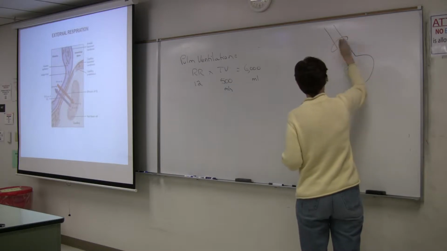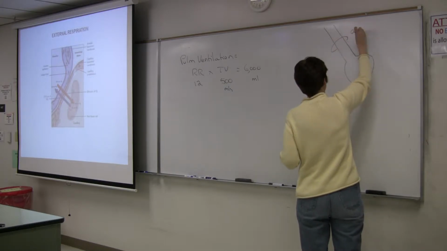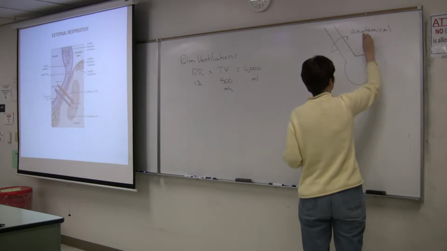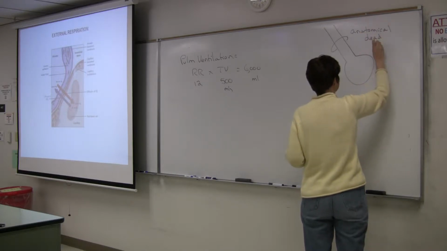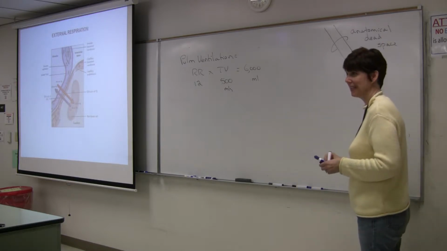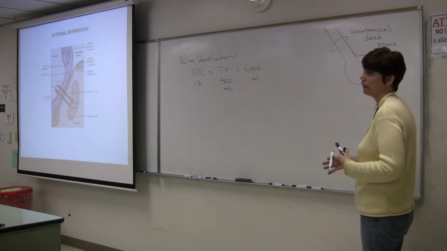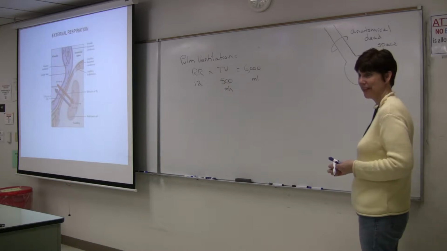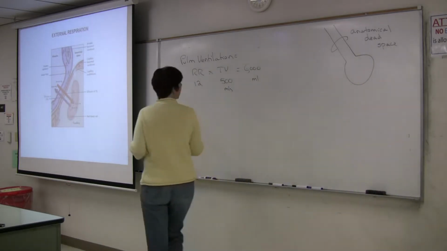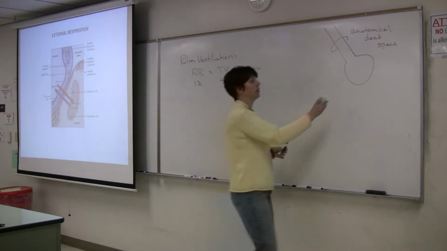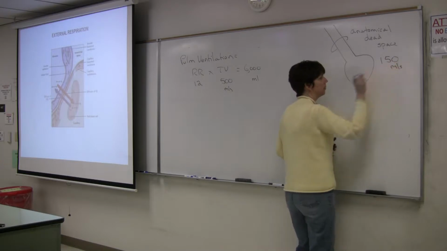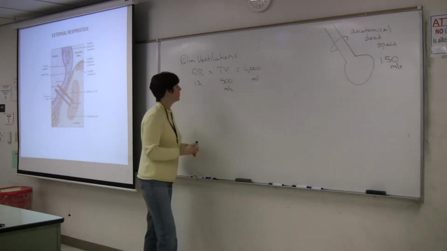The conducting zone region is also known as anatomical dead space. That air is not available for gas exchange, and so we have to subtract it from the tidal volume to get the volume of air that actually reaches the alveoli. And it's approximately 150 mils. It's going to vary from person to person, but that would be average or standard.